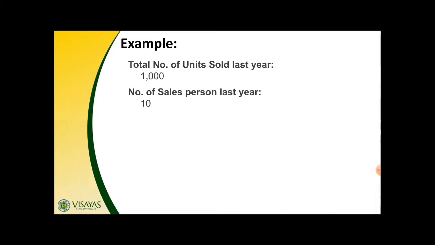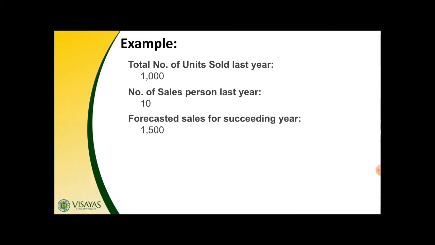Okay, so as an example, for ratio and proportion, the given is that you had a total number of units sold last year of 1,000. And last year, the number of salespersons equivalent to 1,000 units sold is 10 salespersons.